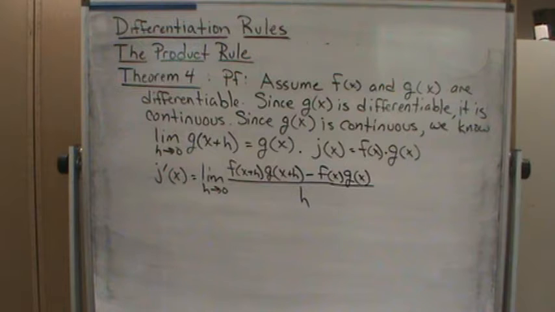Okay, and all we're doing is using the limit definition of a derivative, I should say. Now what we're going to do is we're going to add a form of 0.